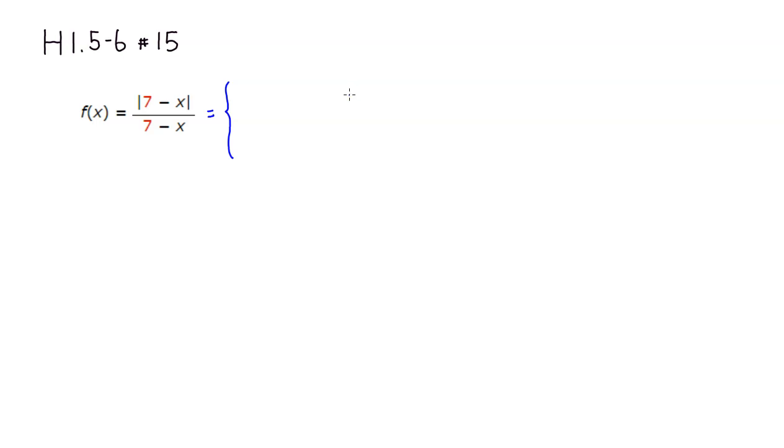So I'm going to do, if x is less than 7, then 7 minus x is positive, so the absolute value sign doesn't do anything. So it's going to be 7 minus x divided by 7 minus x. But they cancel out, which gives you positive 1.